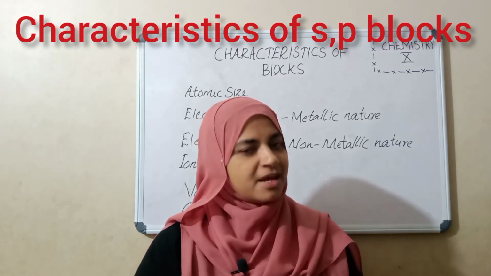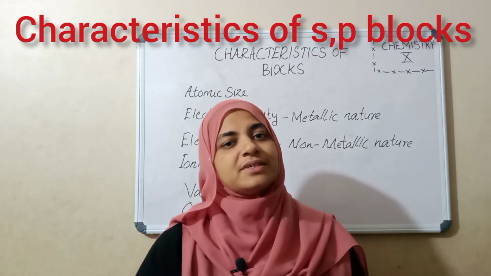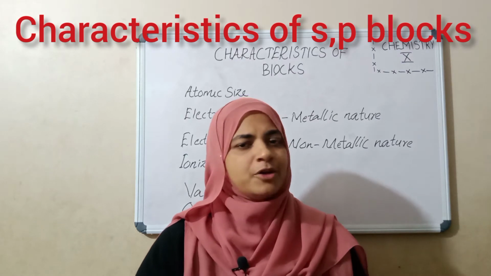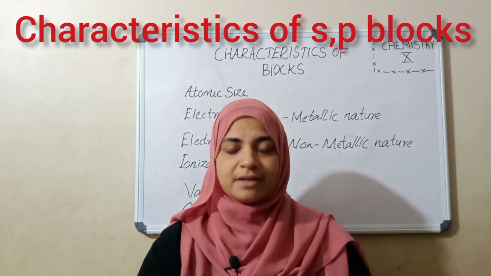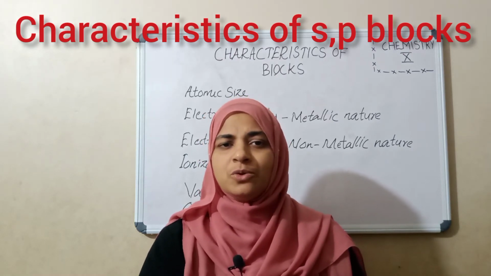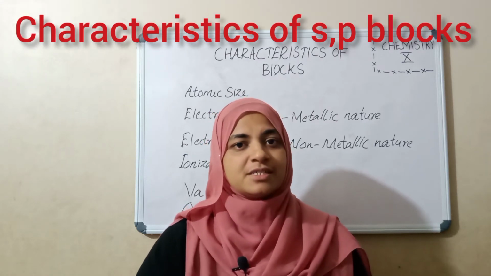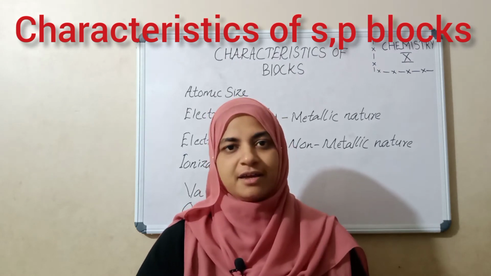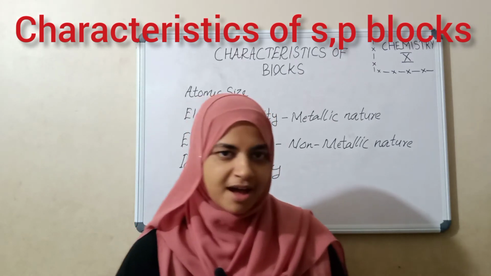For non-metals, ionization energy is high, because non-metals do not tend to donate electrons, but always accept electrons. Therefore, to liberate an electron from a non-metal, the energy needed is very high.